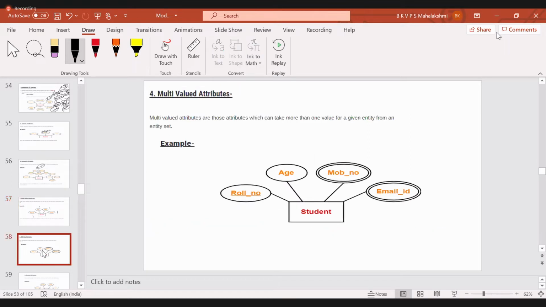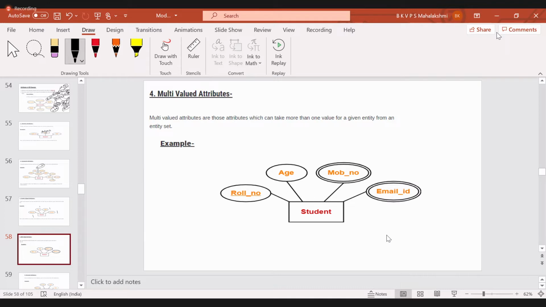Coming to the next one, the multi-valued attribute. For multi-valued attributes, what is the main difference between the key attributes and the double oval shaped one? The double oval shape has two lines. Mobile numbers can be two, email can be two. You may even have three email IDs. It doesn't mean that we should put three.